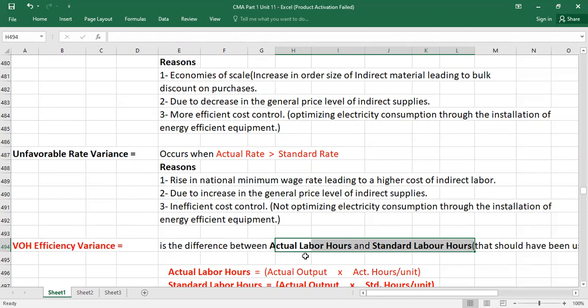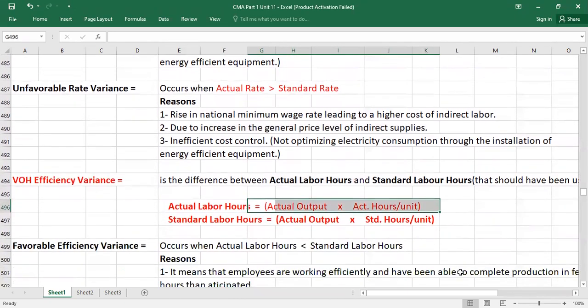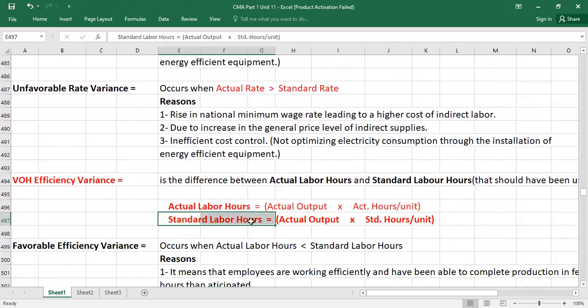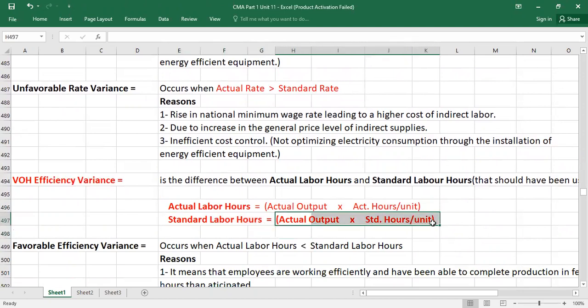So the question is how to calculate the actual labor hours. You need actual output multiplied by actual hours per unit. And to calculate the standard labor hours, we need actual output multiplied by standard hours per unit.